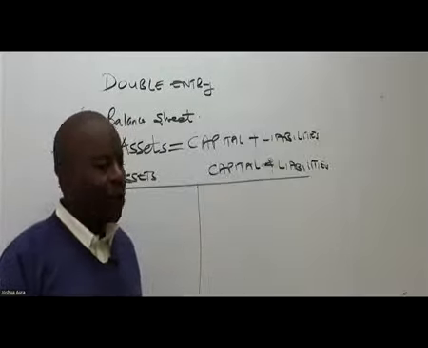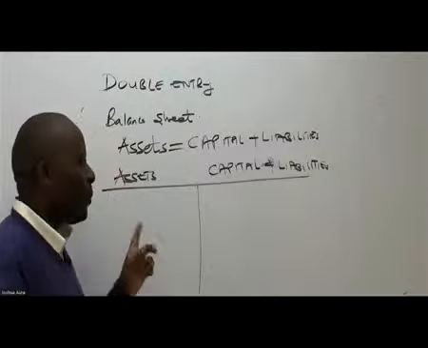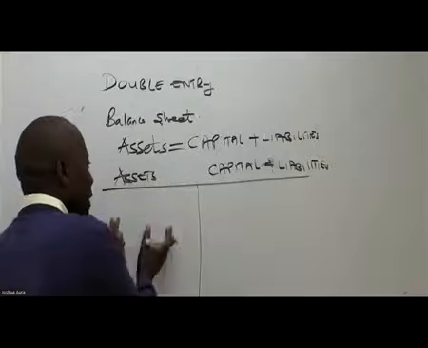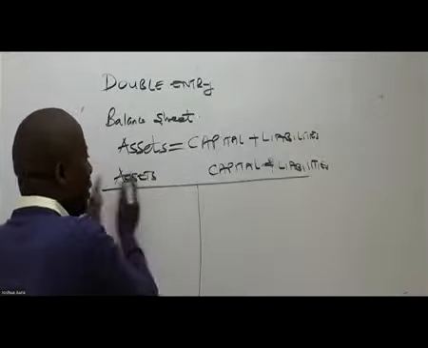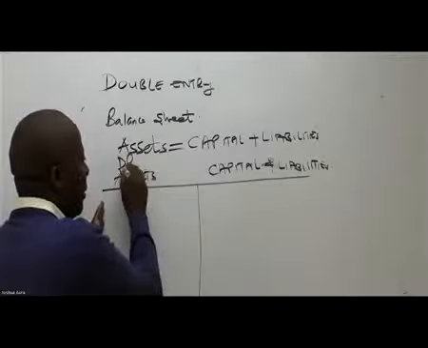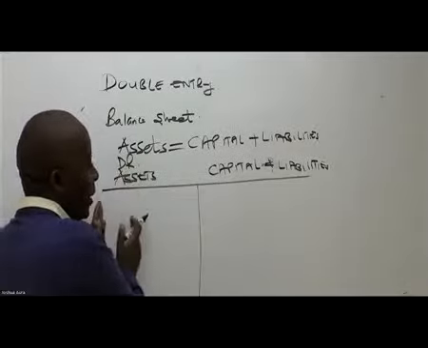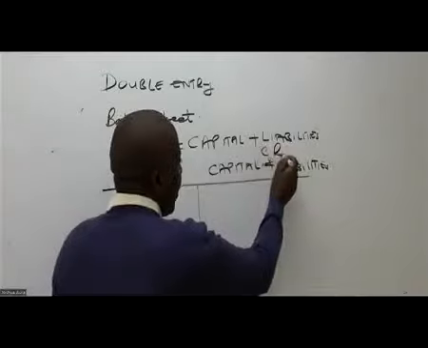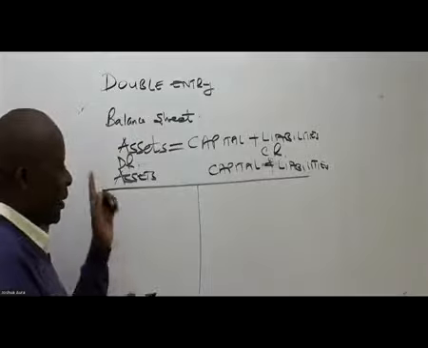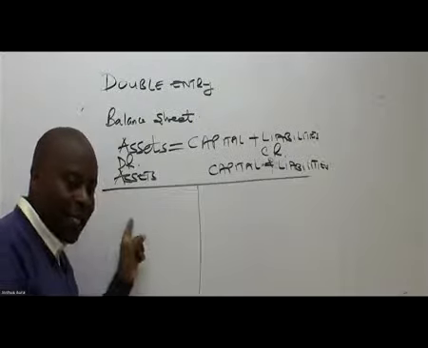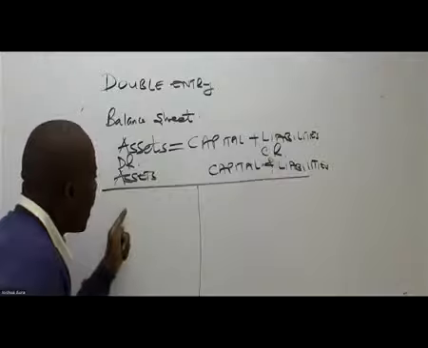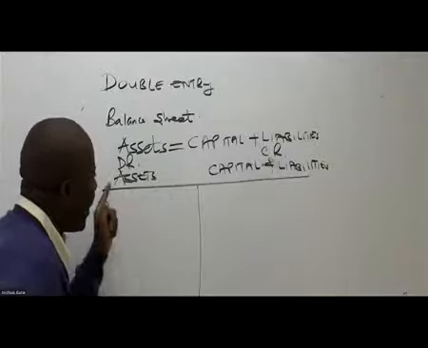So it will be very important for you to appreciate, ladies and gentlemen, that these assets are on this side of the T account, which we normally call the debit side. And the other side we call the credit side. Listen, whenever assets increase, we shall always be debiting assets.